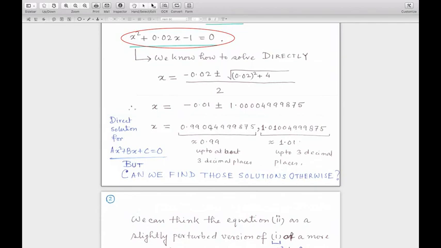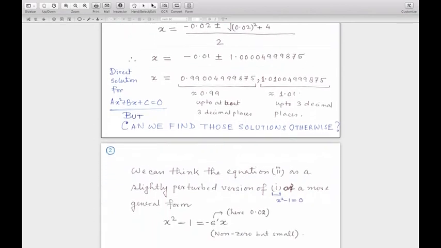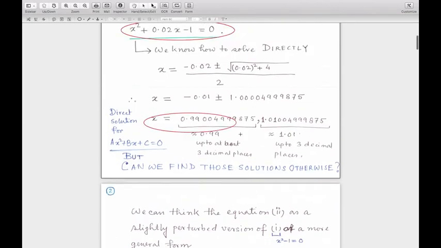So in the 4th decimal place you will have 1, but that finally will not play any role. So up to 3 decimal places you will have the answer rounded off to be 0.99, and the same thing over here: you will have 1.01. That much we can do here directly, and that is the exact solutions. So for this case, we know the exact solutions both for the unperturbed and perturbed version.